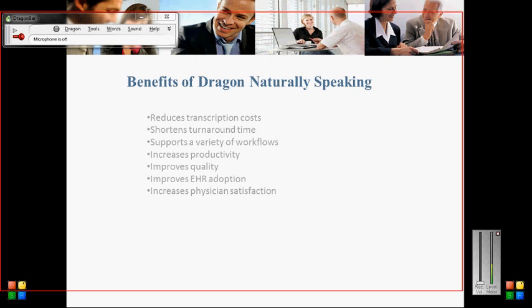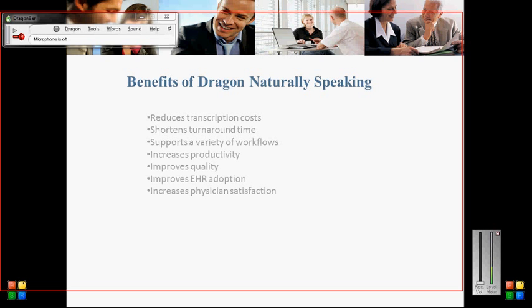And of course, the plus is it improves EHR adoption. As we all know, sometimes there are providers who may be hesitant to use the EHR because they are afraid to use the computer. They think they are not that computer literate. So with dictation, it actually improves the adoption, especially if they're used to dictations when they work in their clinic or in the hospital.